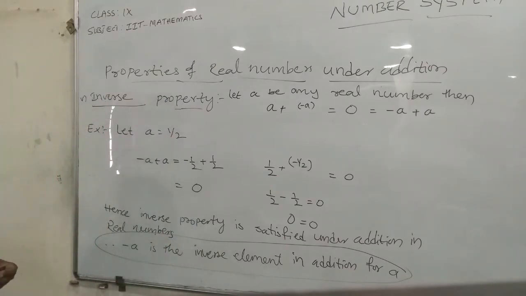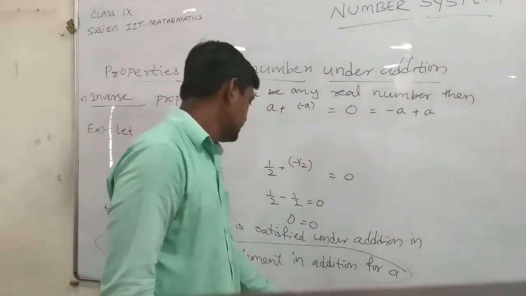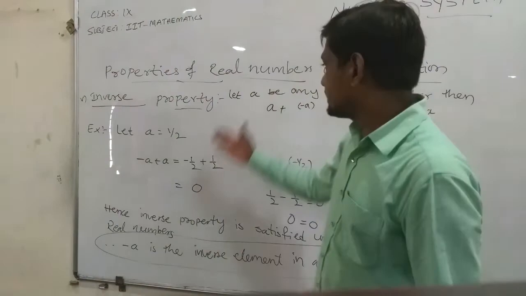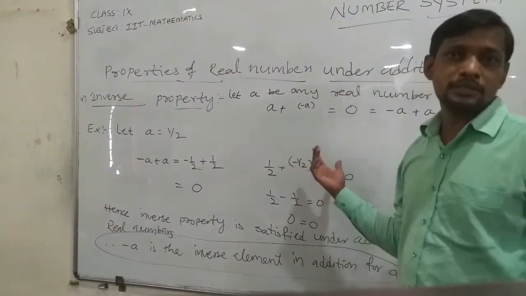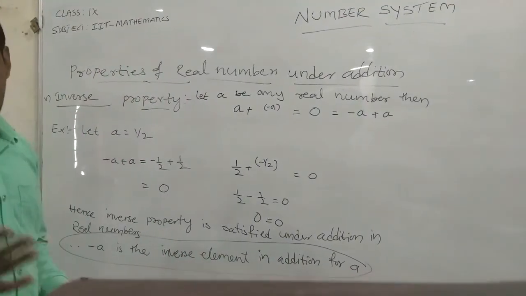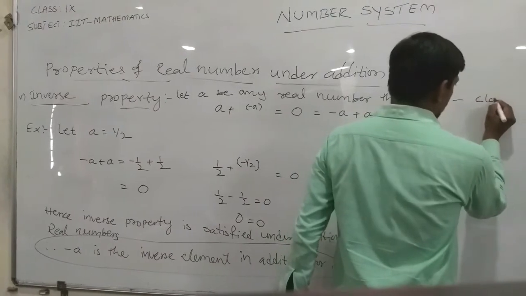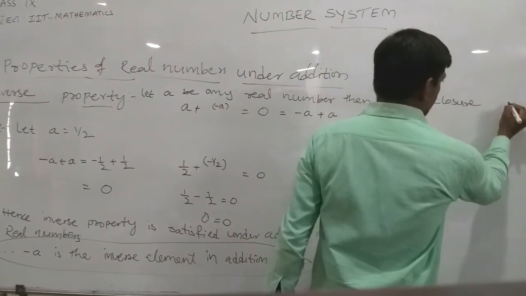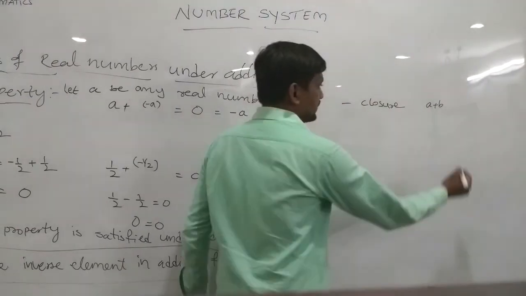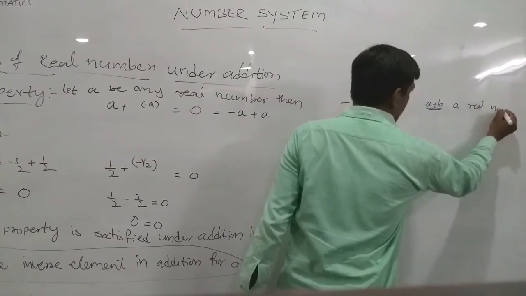So therefore minus A is the inverse element for A in addition in real numbers. Children, in the same way you do the problems for subtraction. Let's recall once again. We have discussed the closure property: when I am adding two real numbers, the sum should be a real number.